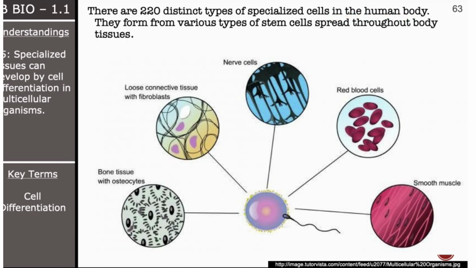There are 220 distinct types of specialized cells in the human body, and they form from various types of stem cells spread throughout the tissues. Cell differentiation happens because a different sequence of genes is exposed in different cell types. The control of gene expression is the key to development.